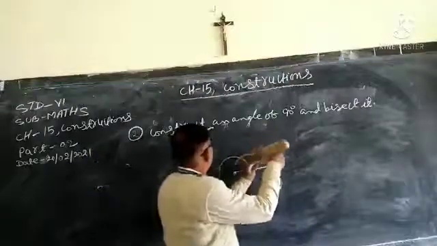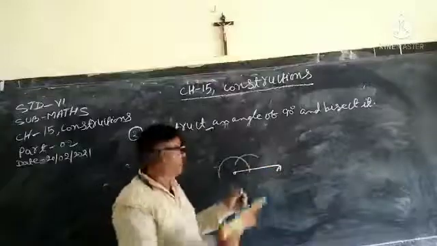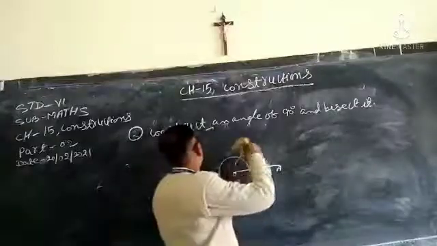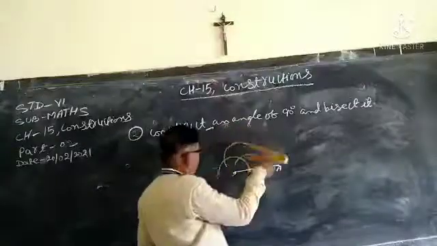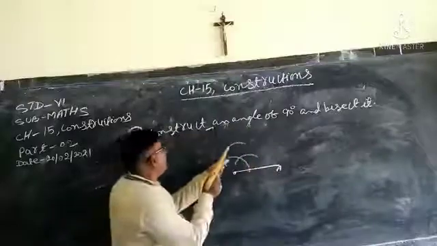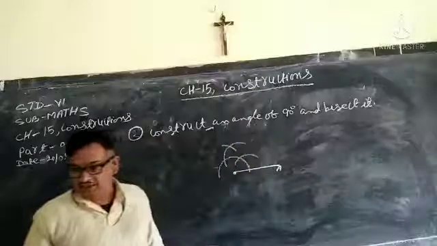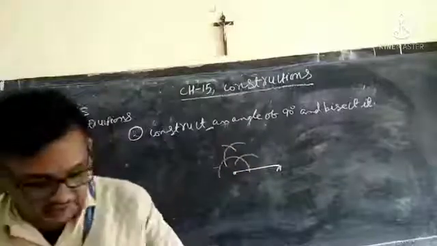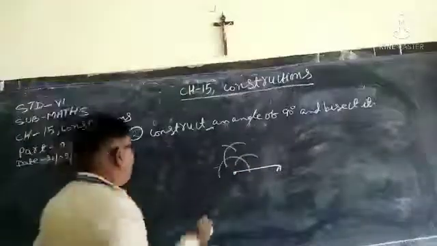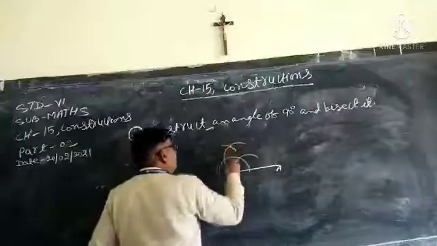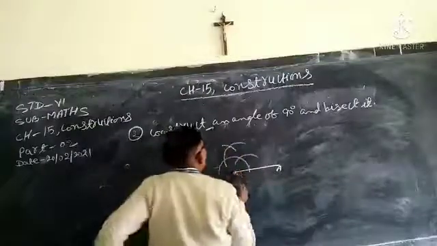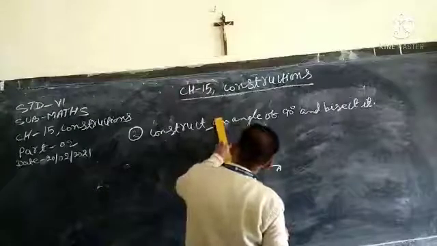Again, first step it is 60 degrees. Second step, 120 degrees. From here you cut, it is 90 degrees. Now, my dear student, meet this point. Now it will become a straight line.